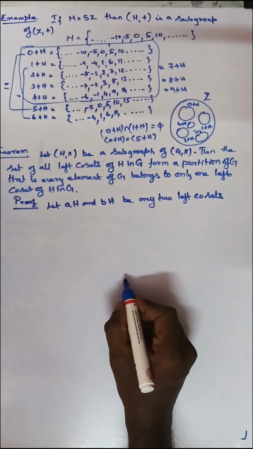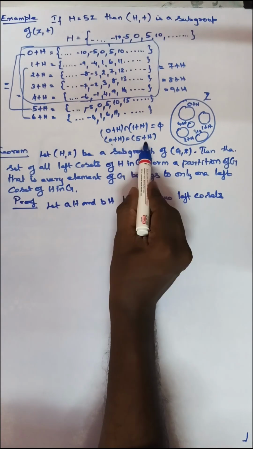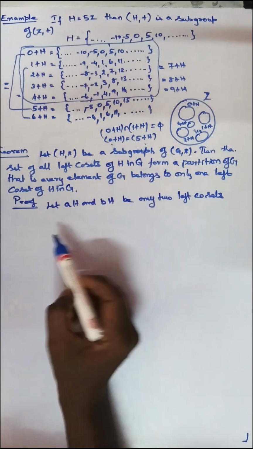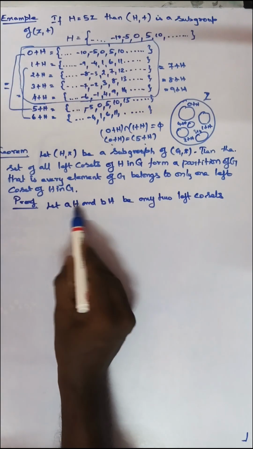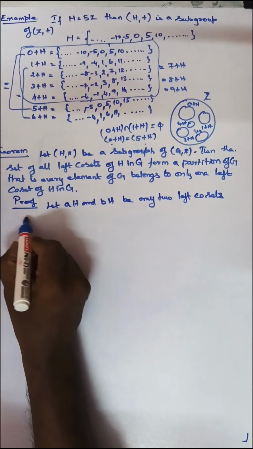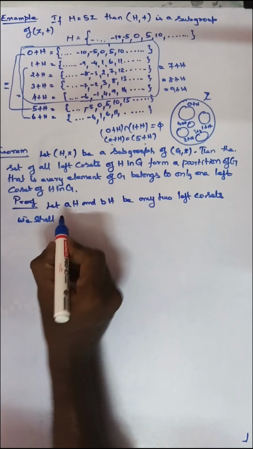Now we have to prove that either they are going to be equal, or their intersection is going to be empty. So these two left cosets should be equal or their intersection is going to be empty. We shall prove that.